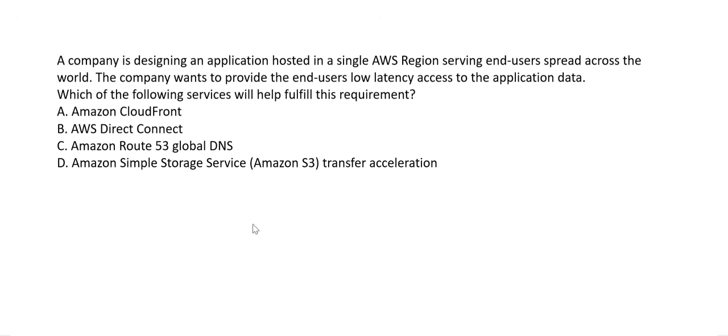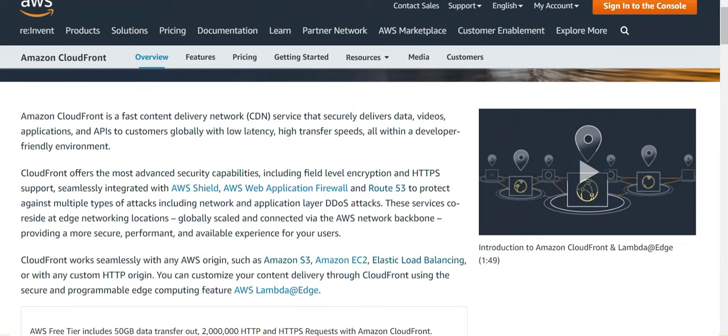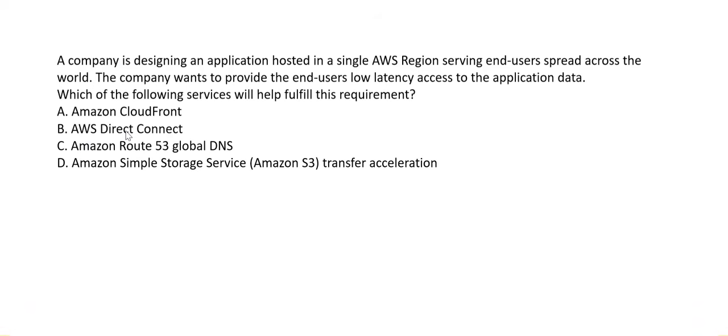So let's scan through the options. CloudFront looks to be the right option because that is the purpose of CloudFront. If you see this documentation, it says low latency access, high transfer speeds. Direct Connect is used to create private networks with your on-premises, so it's a different purpose.